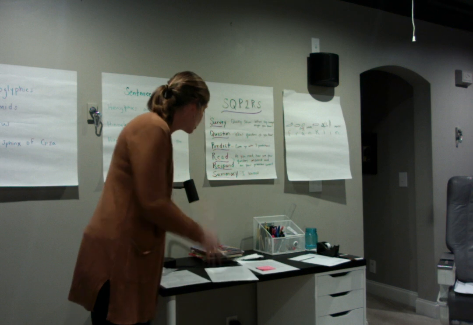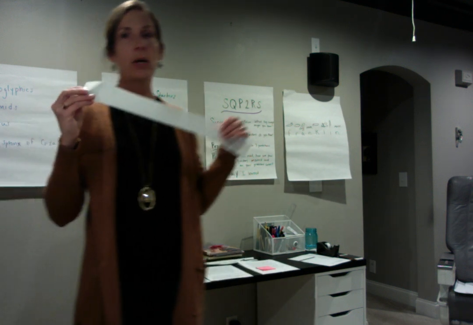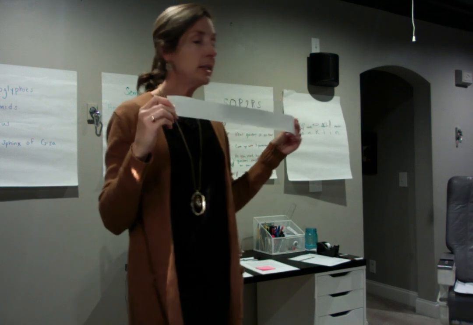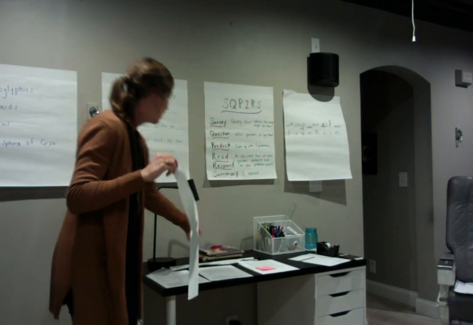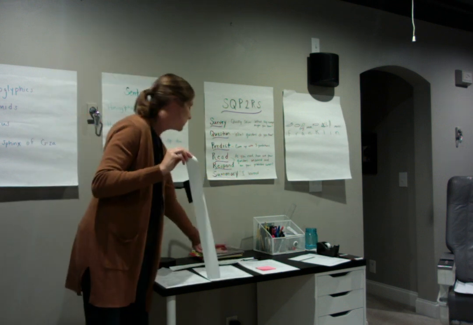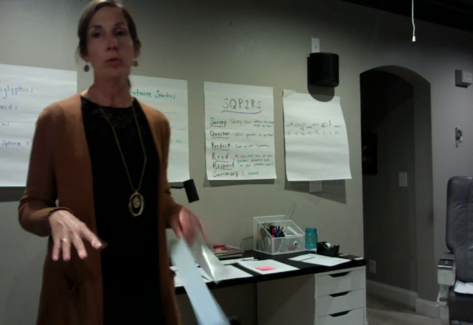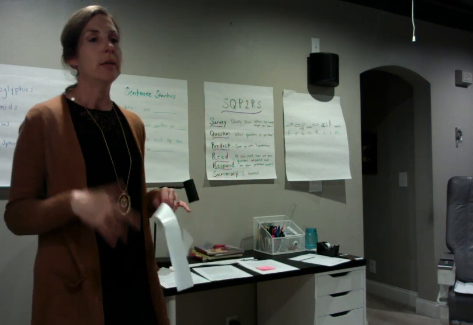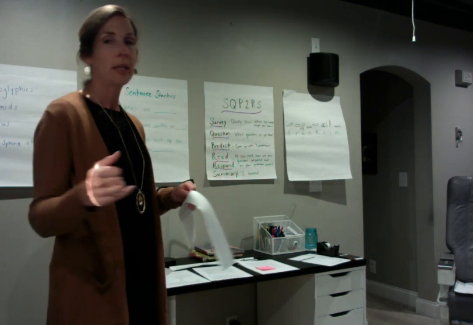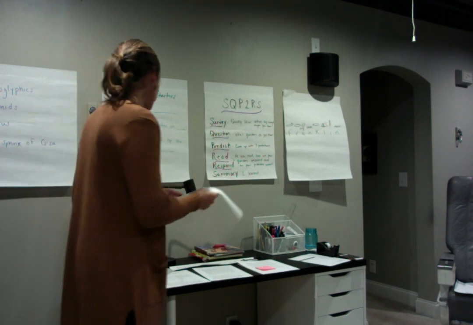I'm going to give each group a sentence strip, and you're going to write the answer to your question from your Post-it note on the sentence strip. So I would pass those out, and again, I would be walking around the room, helping each group if they have questions, monitoring that they're staying on track and that they're understanding.